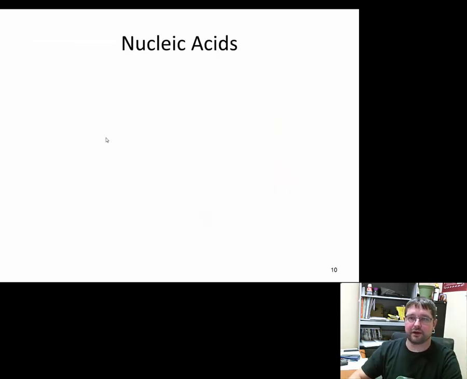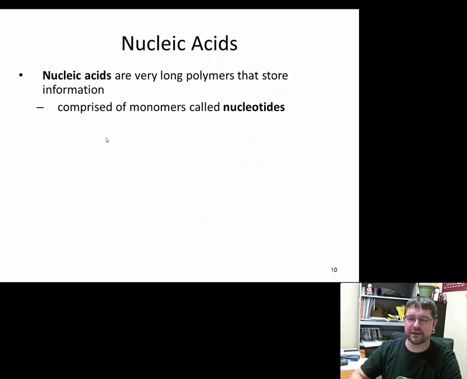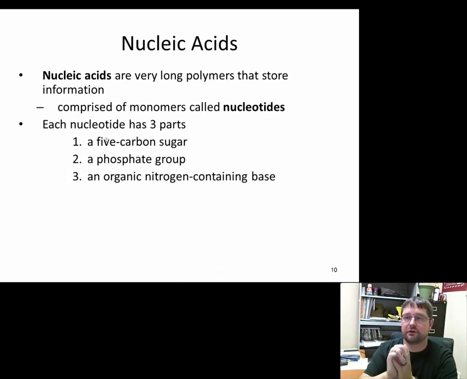All right, so nucleic acids. Nucleic acids are really simple structures in the sense that they're built of nucleotides. Nucleotides consist of 3 parts: a 5-carbon sugar, a phosphate group, and an organic nitrogen-containing base, which we call nitrogenous bases because of the nitrogen.